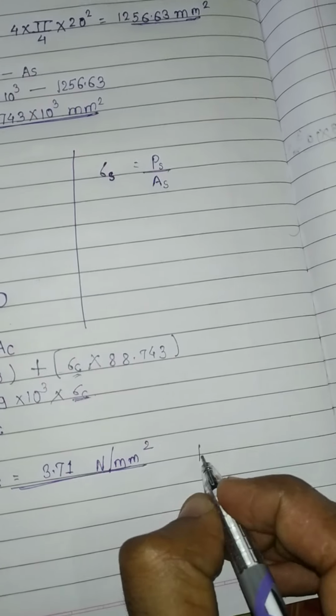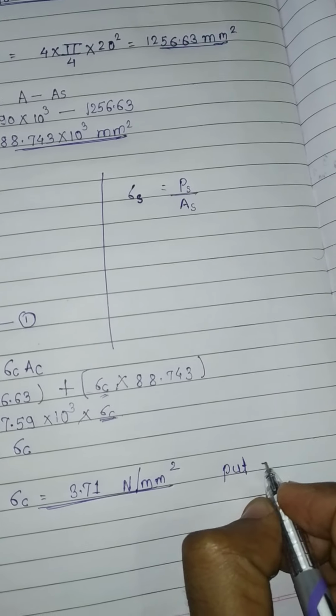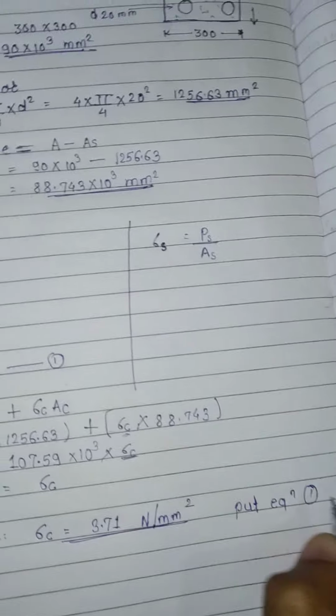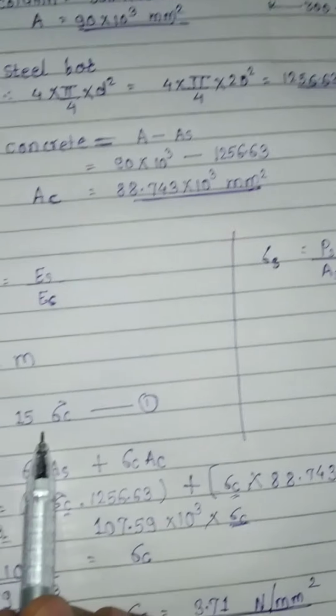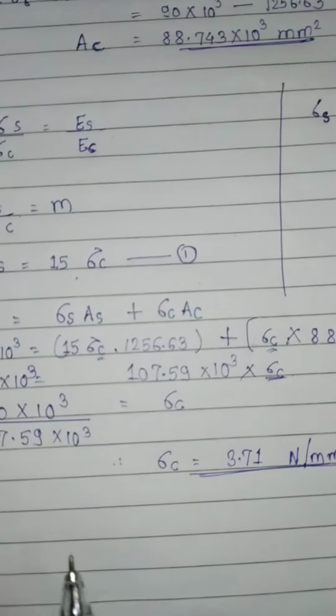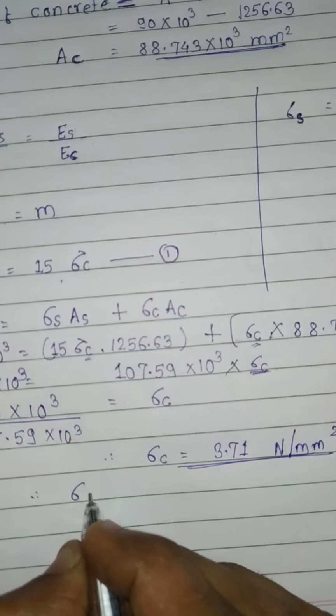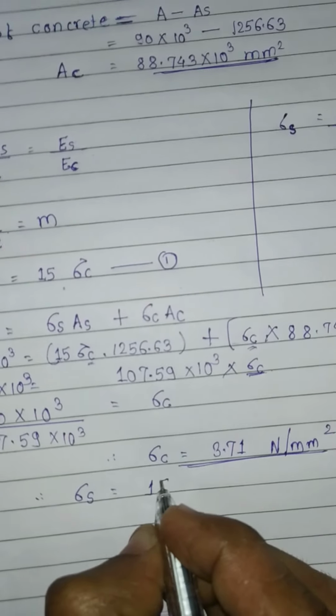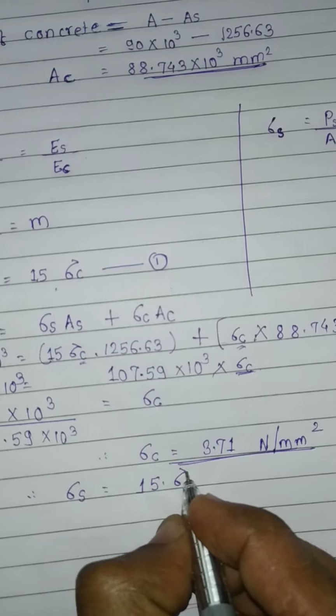Put this value in equation 1. Equation 1: sigma s is equal to 15 into sigma c.